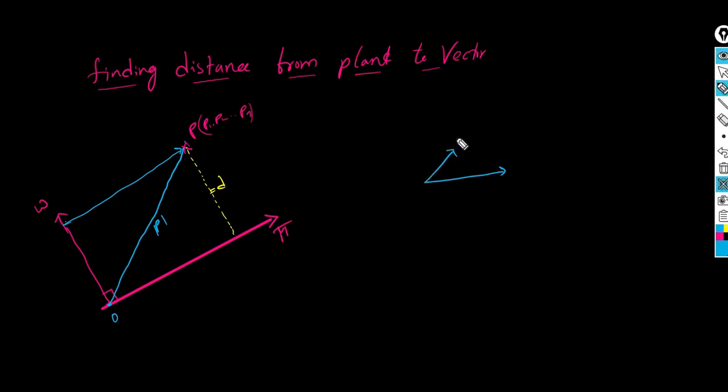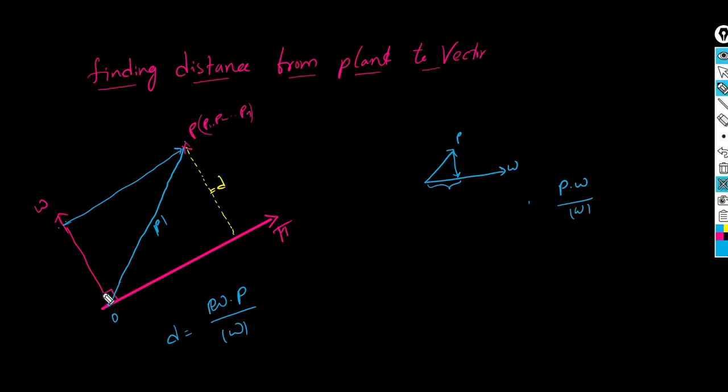This is a point P, and this is the W. The projection of P on W is P dot W by modulus of W. This is this distance. Similarly, here also the distance d equals W dot P by modulus of W. This is the simplest way. Let's derive this thing.